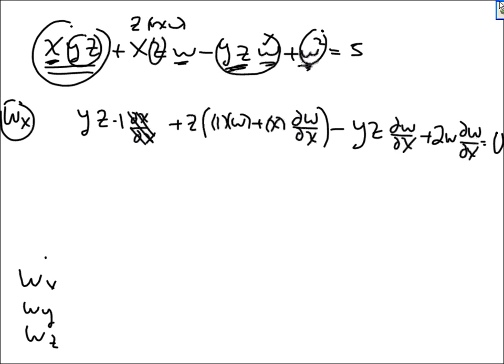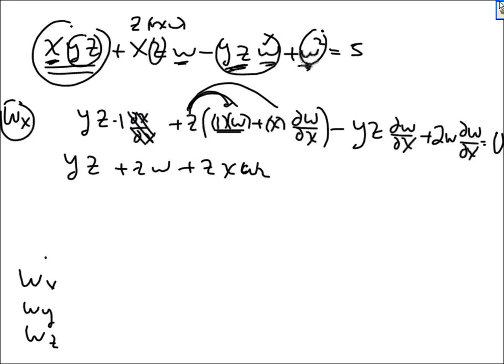Okay. So first, we'll clean up. yz times 1 is yz. Plus, 1 times w is w, so it's plus zw. Plus zx, w sub x. Just different notation. Minus this: yz, partial w with respect to x, plus 2w, w sub x.